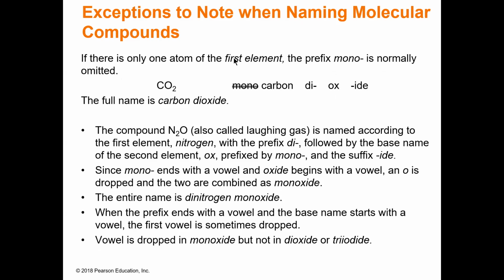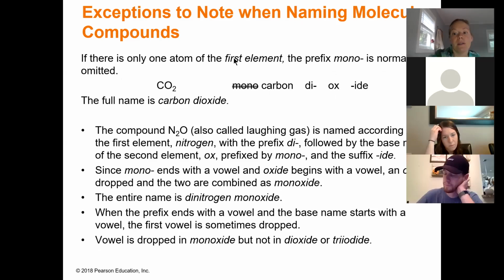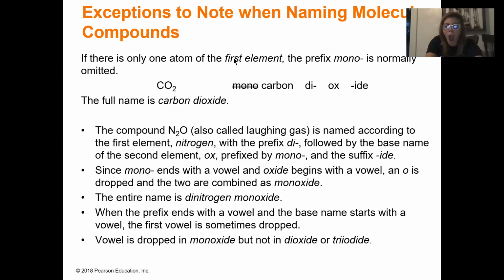So there is one exception as far as using prefixes. This is the only exception. So when looking at this thing, the first thing is carbon, and I have one of them. So it would be monocarbon. I have 2 oxygens, so monocarbon dioxide.